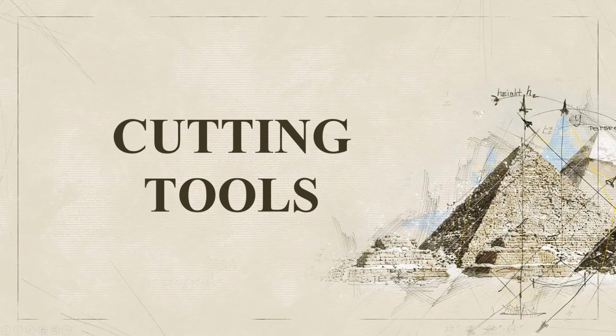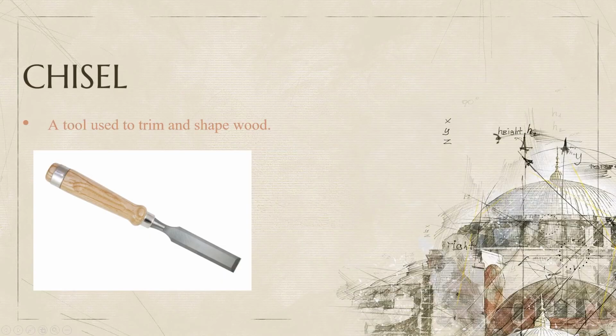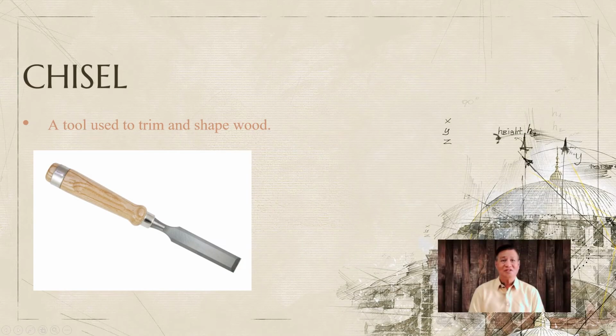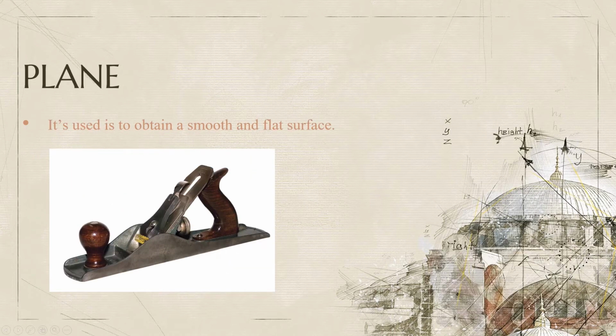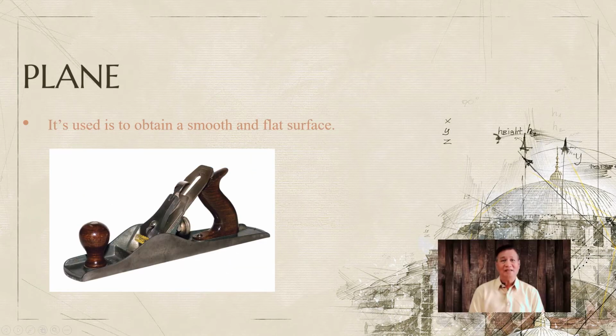We also have cutting tools under the classification of hand tools, like the chisel. A chisel is used to trim and shape wood. Next is the plane. A plane is used to obtain smooth and flat surfaces.